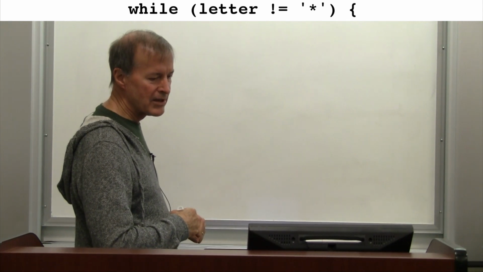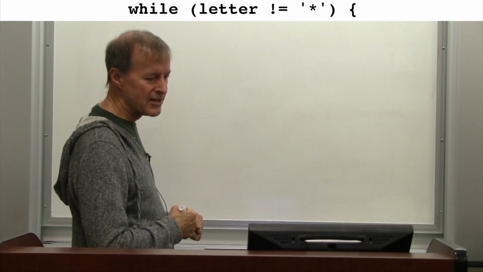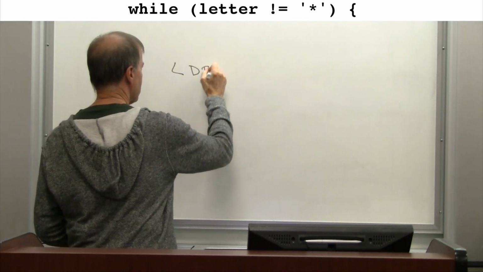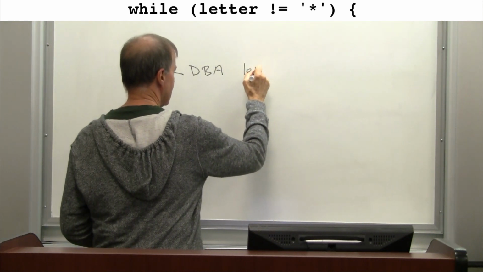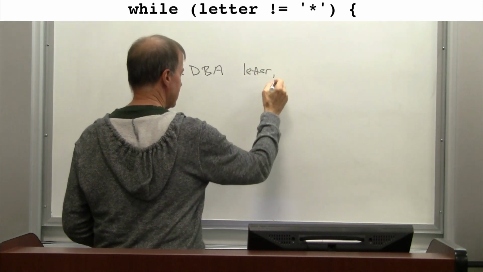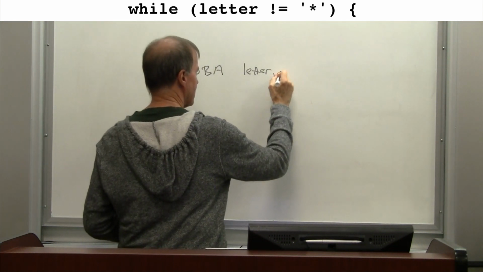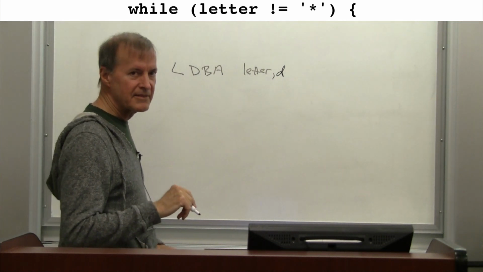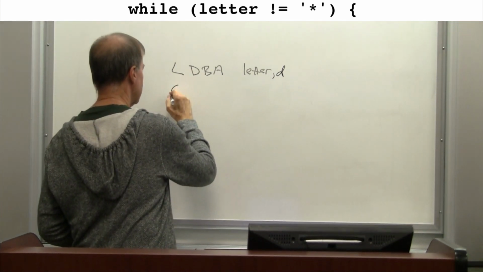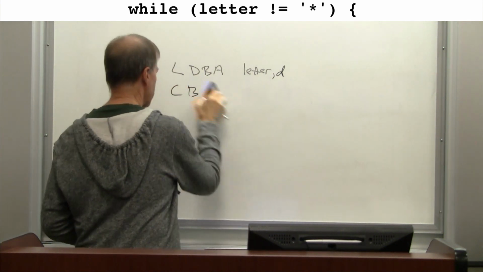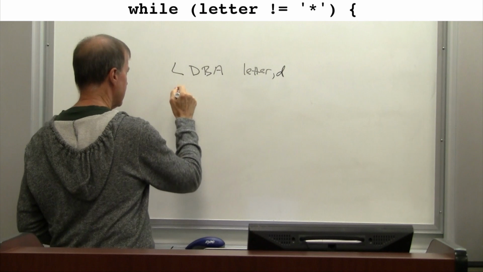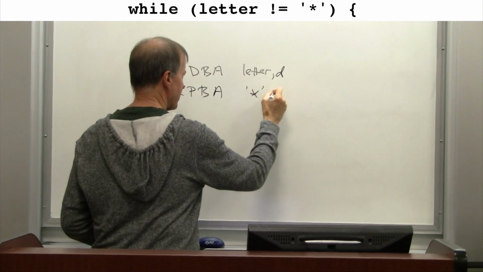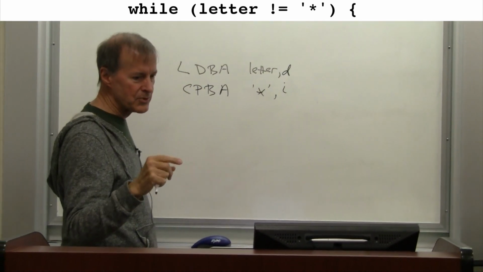Load byte accumulator, letter. Is letter a local or global? It's global, so the addressing mode is direct: load byte accumulator letter, direct. Then compare byte accumulator, that's CPBA, with the asterisk, immediate addressing.